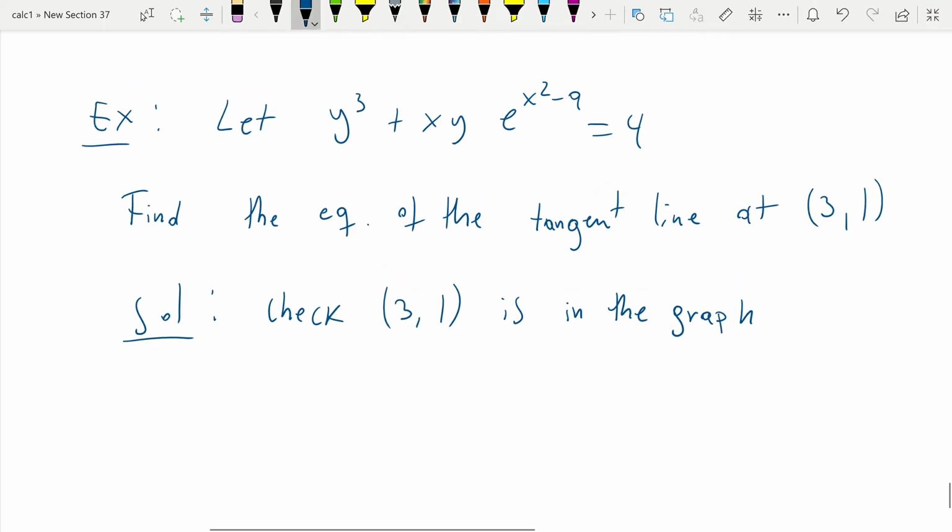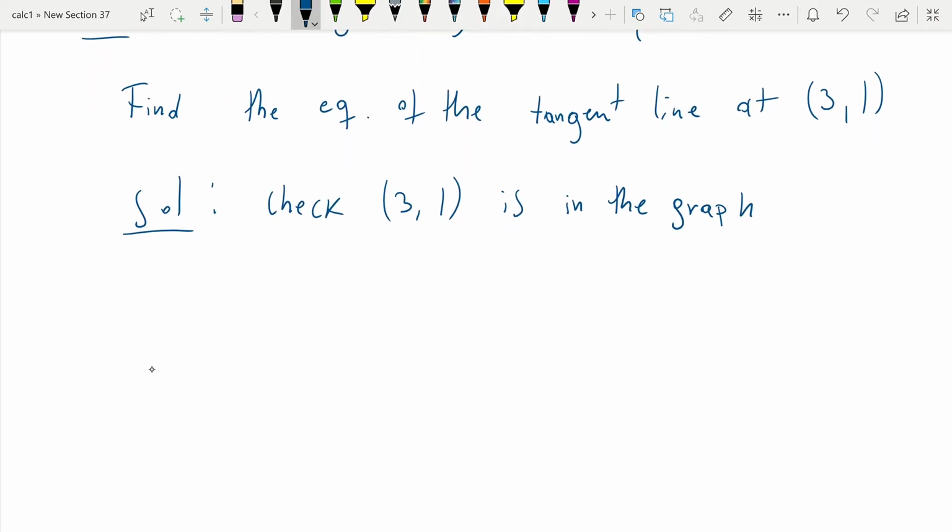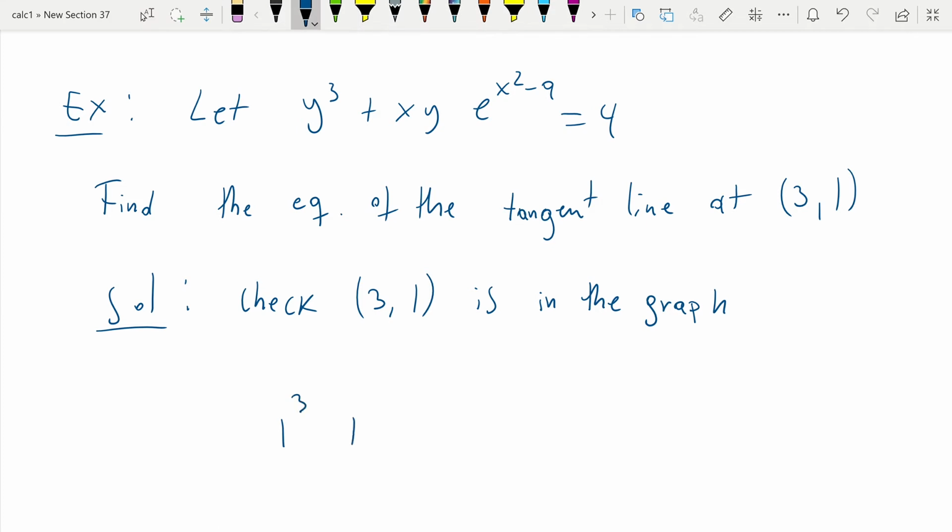Well, we need to compute. y here is 1, so 1 cubed plus x, which is 3, times 1, times e to the x squared minus 9. X is equal to 3, so we get 3 squared, which is 9.